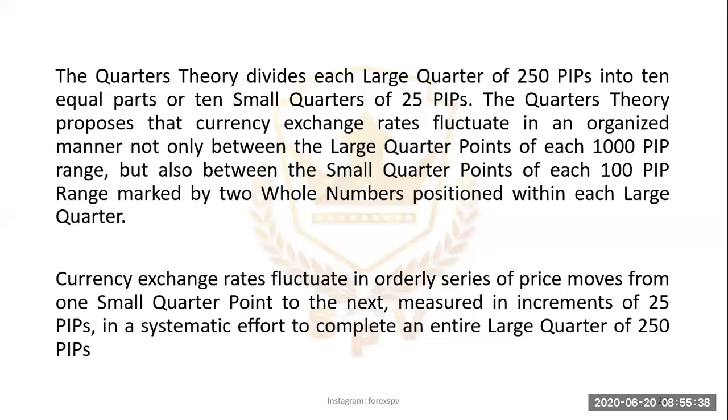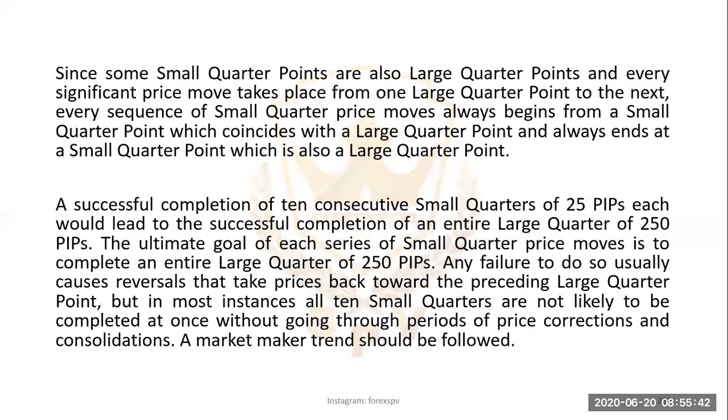So 25 times 10 is 250 pips. We have these small quarter points which coincide with the large quarter points. After 10 steps of 25 pips, you get 250 pips, and that will be a large quarter point.